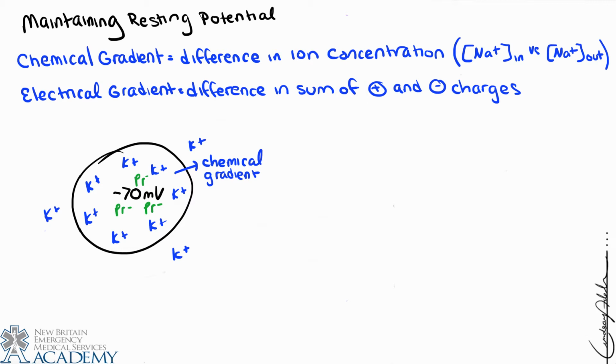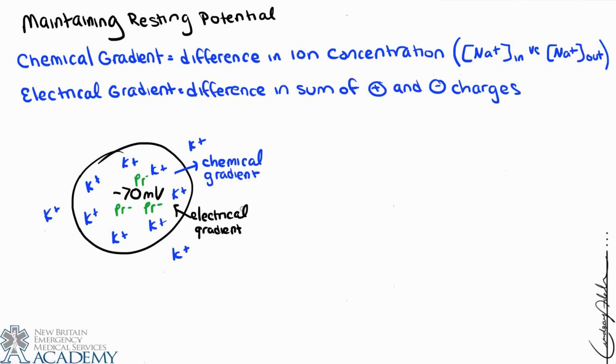Now, conversely, potassium is a positively charged ion, and the potential inside of the cell compared to the outside of the cell is negative. So if we were considering the electrical gradient alone, we would want to drop potassium ions into the cell. So the electrical gradient direction is into the cell.